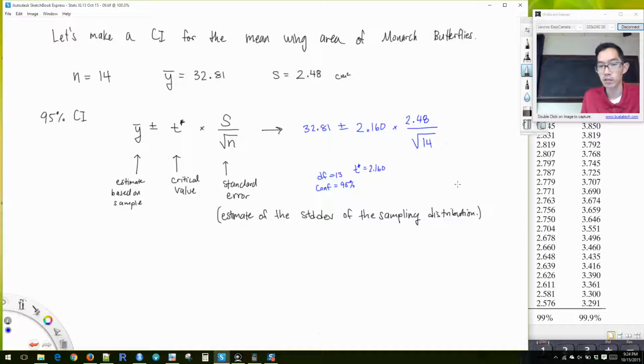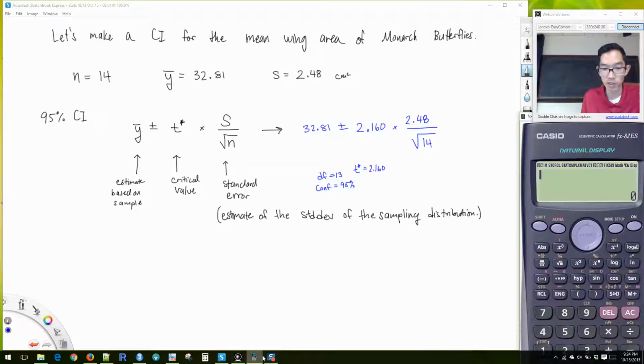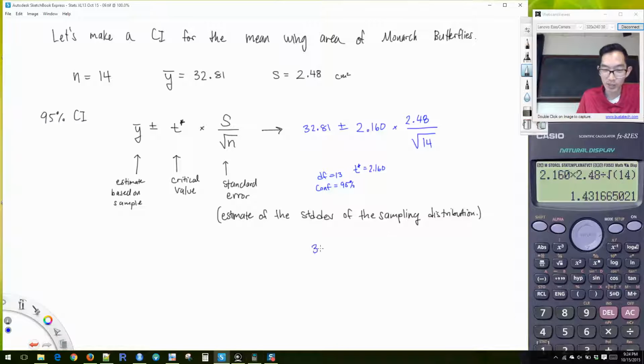Okay, so now it's just a matter of punching this into our calculator. 2.160 times 2.48 divided by the square root of 14. I get 1.432. So I'm going to have 32.81 plus or minus, I'm just going to round off to 1.43.